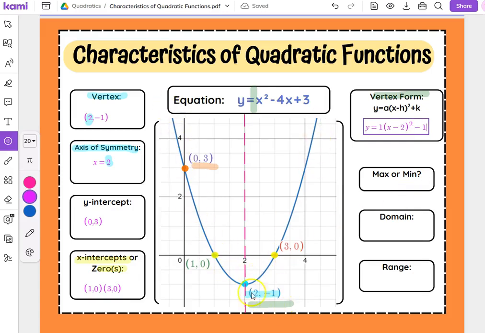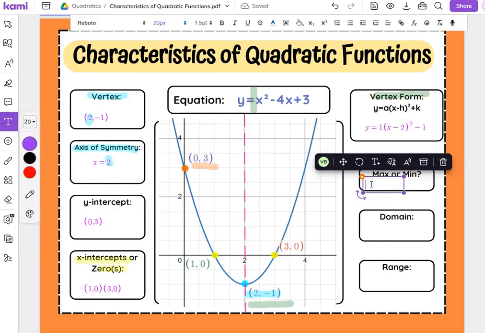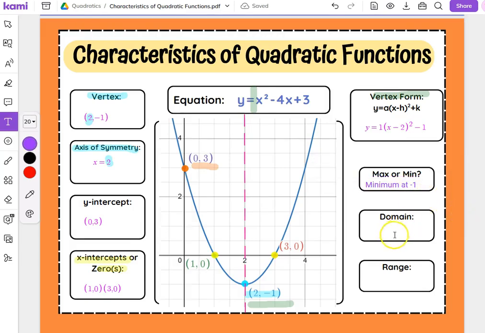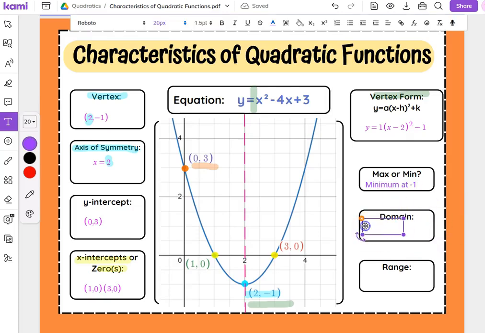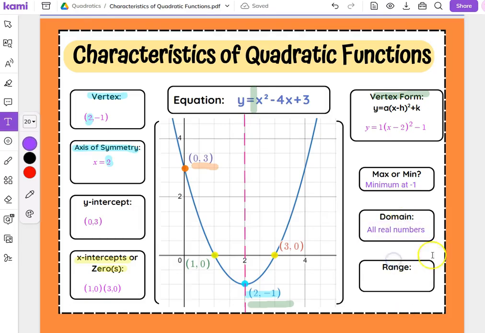All right, this one has a valley, which makes it a minimum. So we have a minimum, and the lowest our graph goes is negative 1. So we have a minimum at negative 1. Our domain's not going to change. It's going to be all real numbers. For all of these parabolas, we're going to have all real numbers.